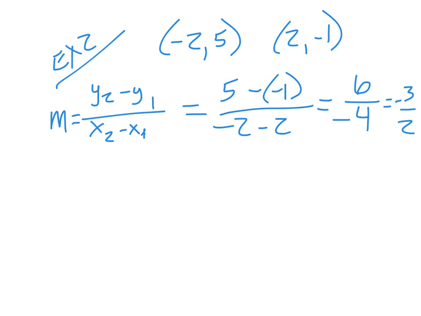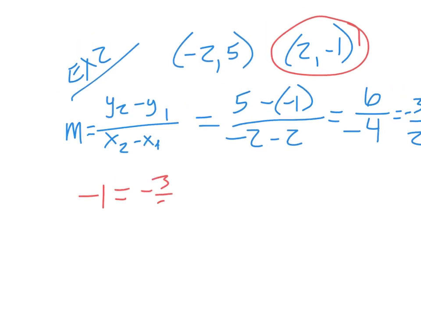Now how do I find the y-intercept? We do that thing we do. So we're going to take the slope and then pick one of these 2 points. It doesn't matter which one. I tend to pick whichever one's smaller because the math is, I can do it in my head. So I'm going to say -1 equals -3/2 times 2 plus b. What's -3/2 times 2? Did you get -3?